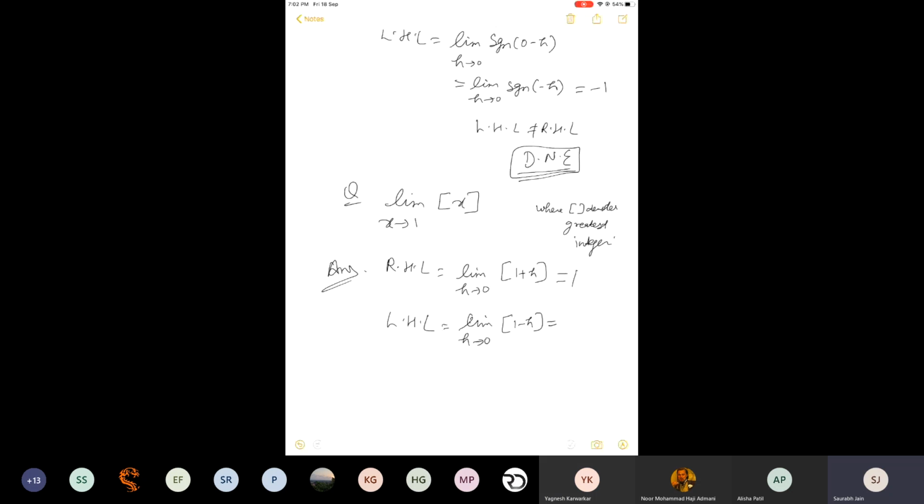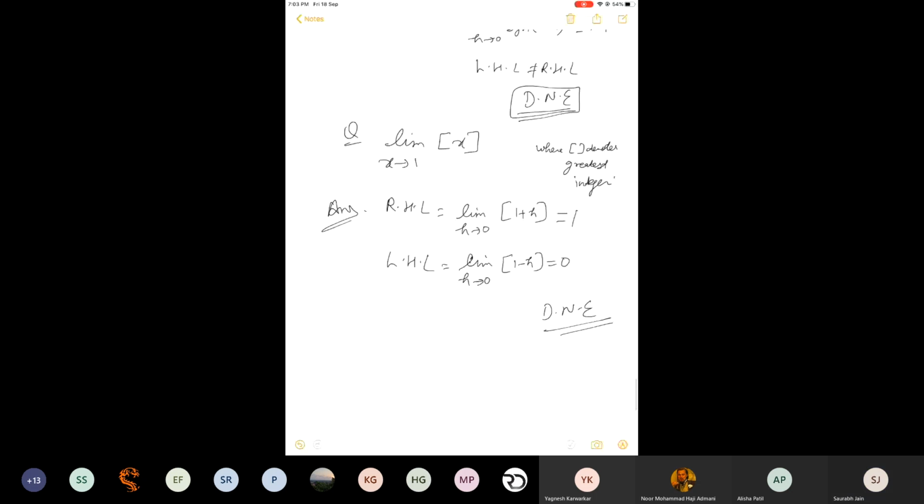Yes, correct. Because now this number is less than 1, slightly less than 1. So even if it is 0.99, how does it matter? Greatest integer will be 0, because this is the definition of greatest integer. Again, the answer is does not exist. Why? LHL is not equal to RHL. This is the reason.